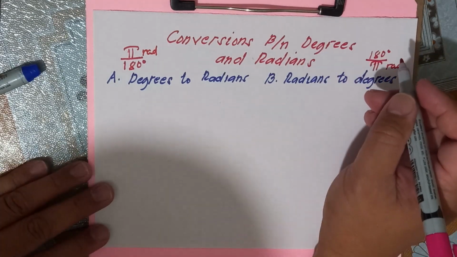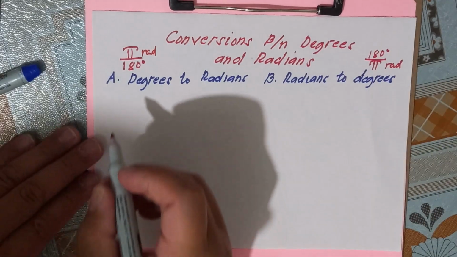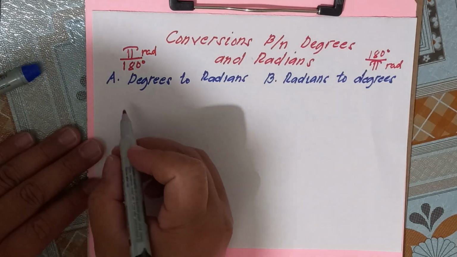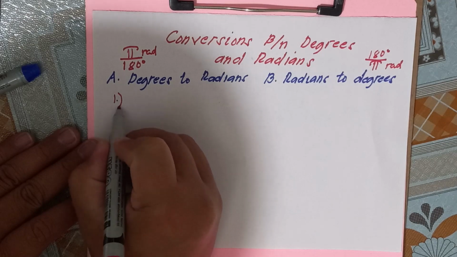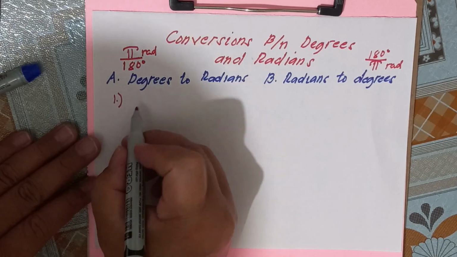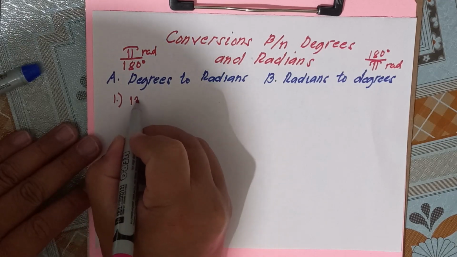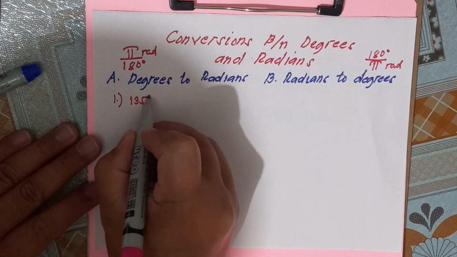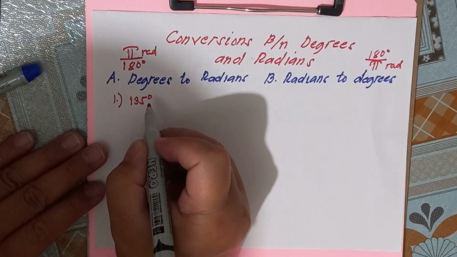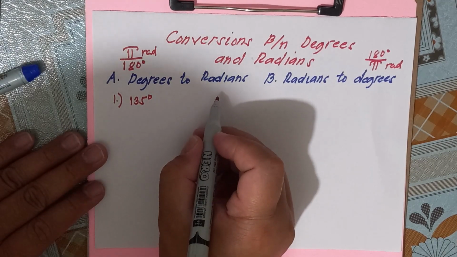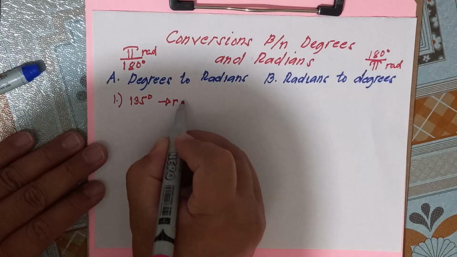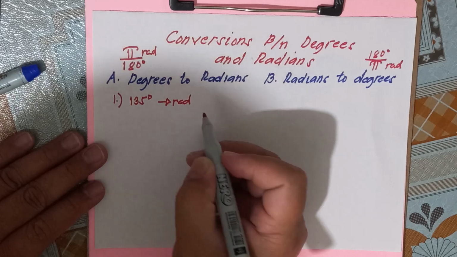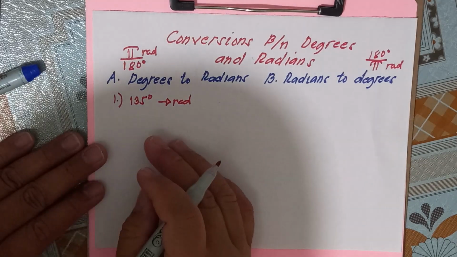So how do we multiply? Let's try an example, number 1. We will be converting 135 degrees to radian. How do we convert this one?